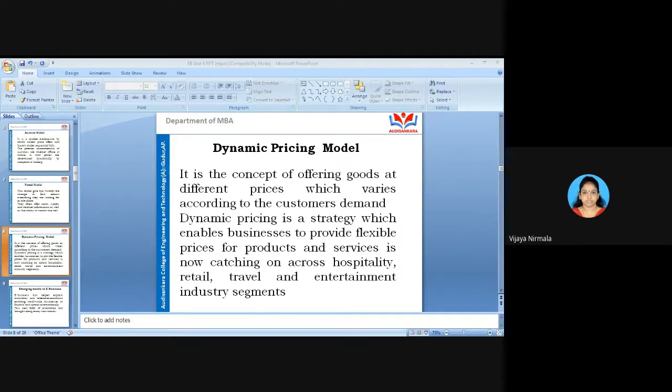These are the companies which have enabled the customers to name their prices for travel, home, automobiles, as well as consumer goods. So this dynamic pricing model includes the name your price model.